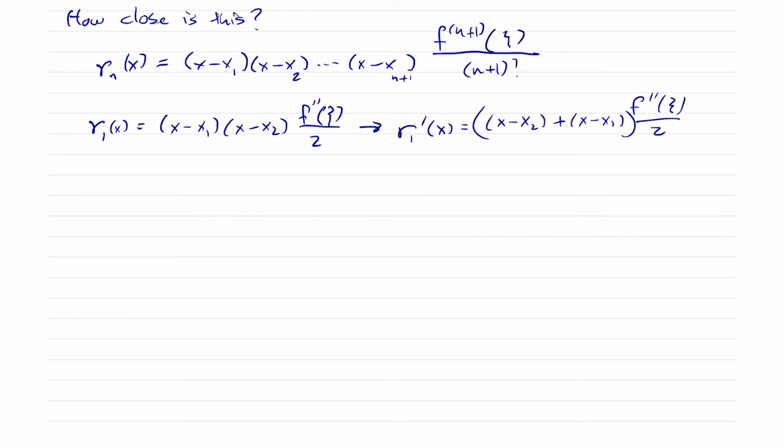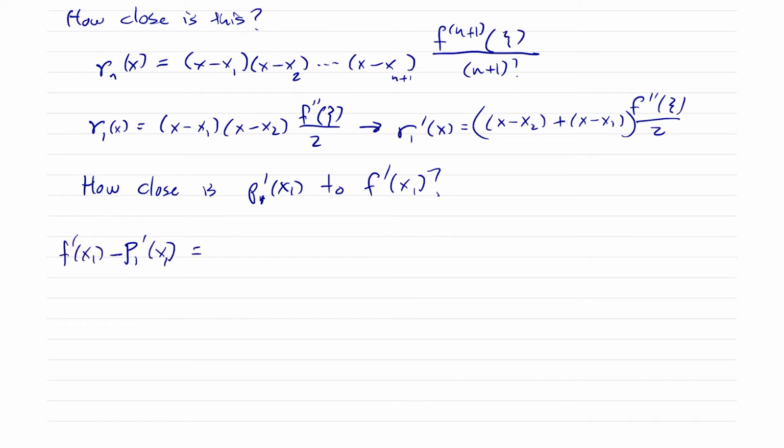And so if we want to know how close is p1 prime of x1 to f prime of x1, we take p1 prime of x1 and subtract that from f prime of x1, and that's going to give us r1 prime of x1, which is x1 minus x2 times f double prime c over 2.